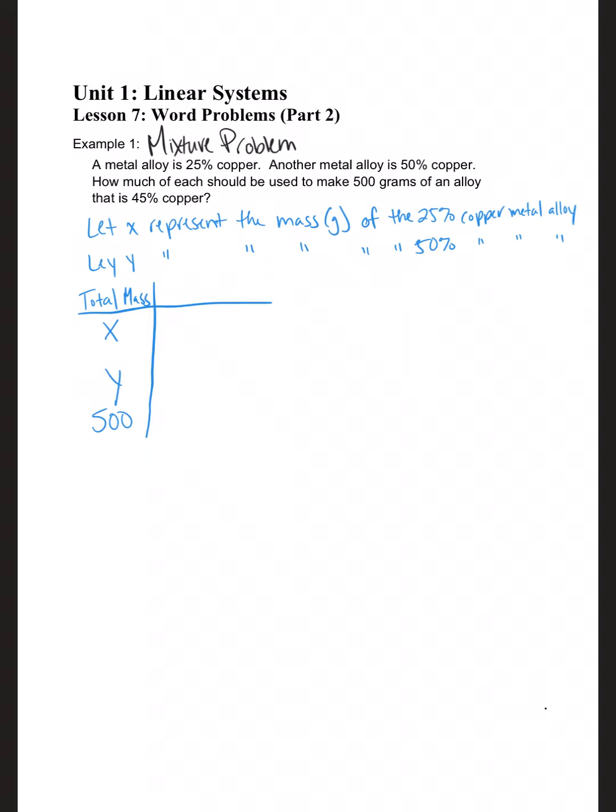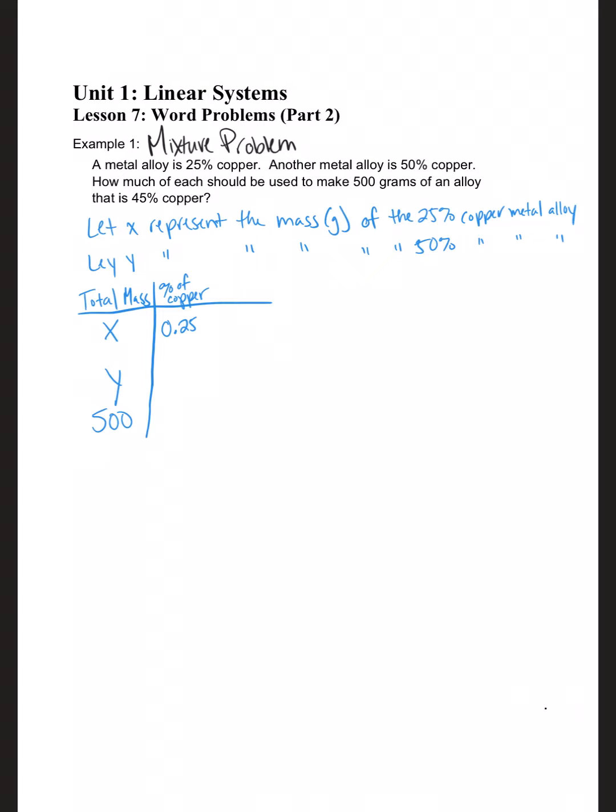Then we have to take a look at our percentages in terms of how they affect the mass. So we will say percentage of copper. Our X metal alloy is going to be at 25% copper.